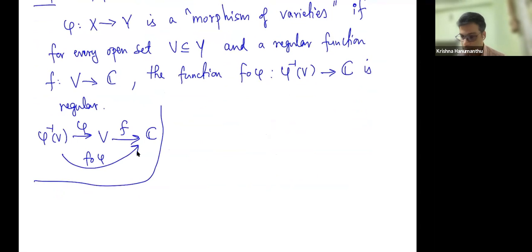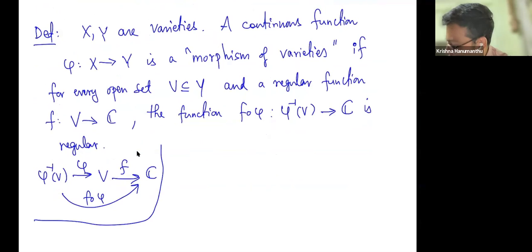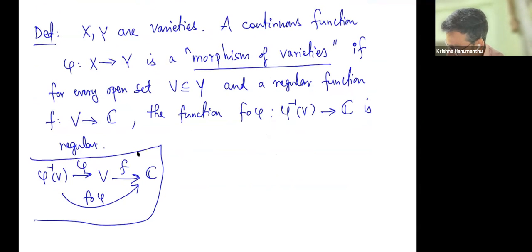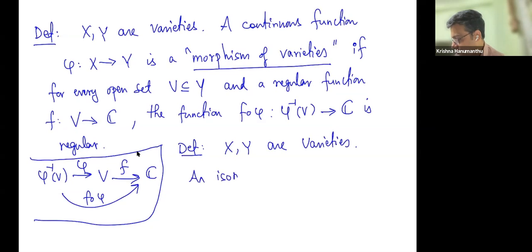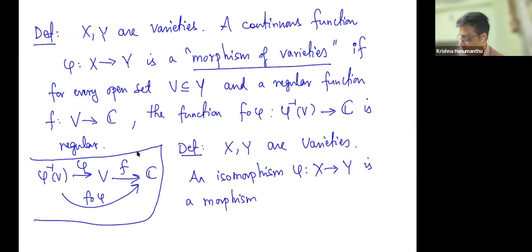Okay, so once you have the notion of morphism of a variety, you have already seen in previous lectures categorical notions. Once you have the notion of morphisms, you can define the notion of isomorphism. X and Y are varieties. Let's say an isomorphism phi from X to Y is a morphism and a bijective set map, so that the inverse is also a morphism.